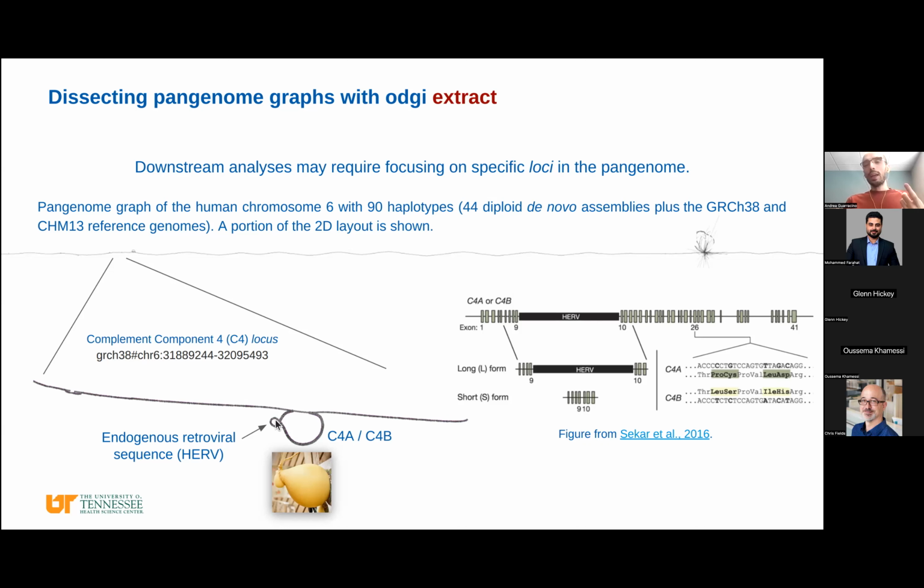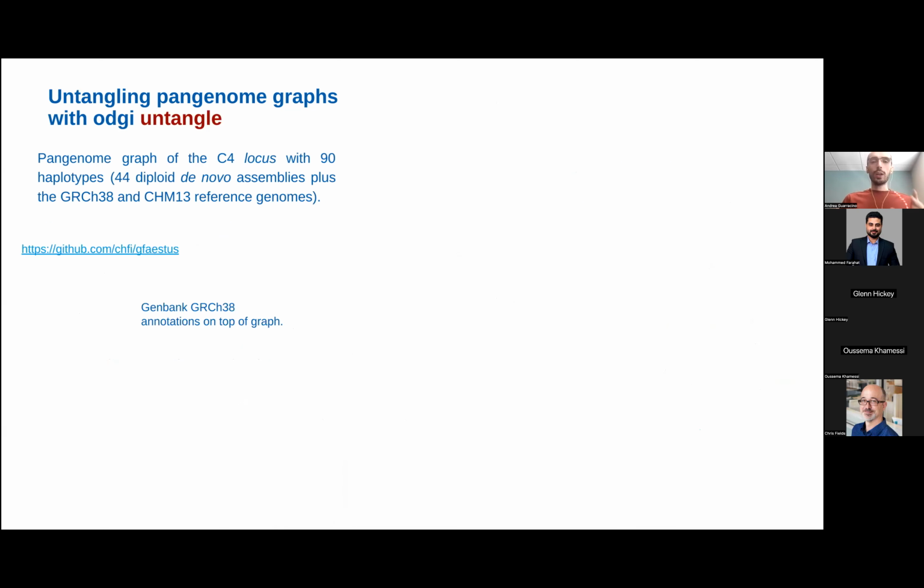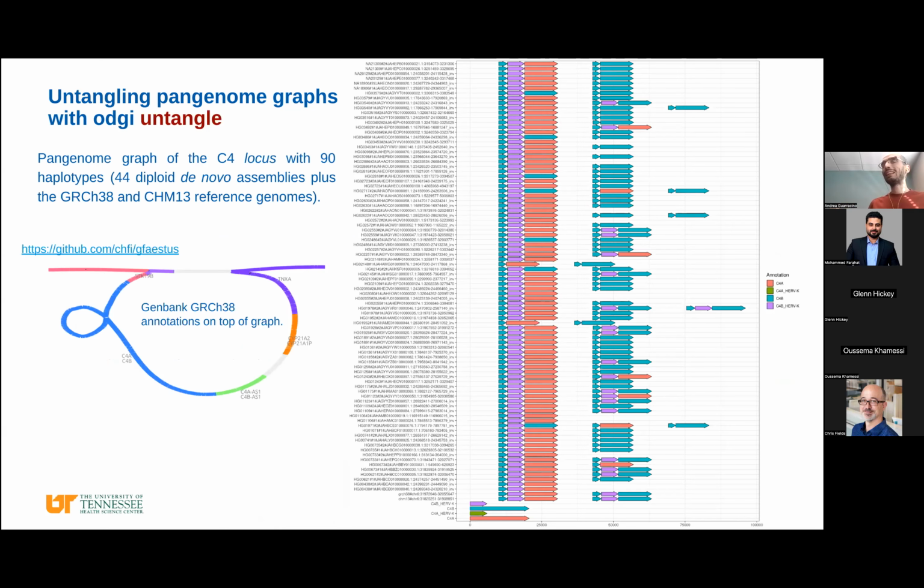But to better have an overview of what's happening inside this locus, we can also untangle this graph with Odgi untangle. With untangle, we can take these relationships that are represented as a loop in the graph, and we can linearize these relationships between your paths in the graph and some other path.